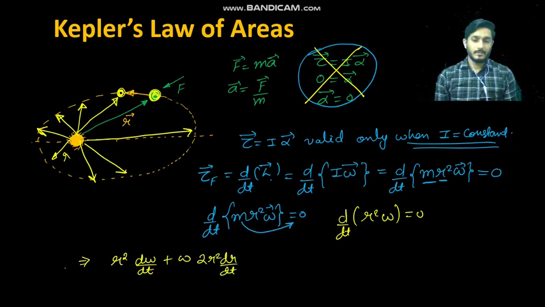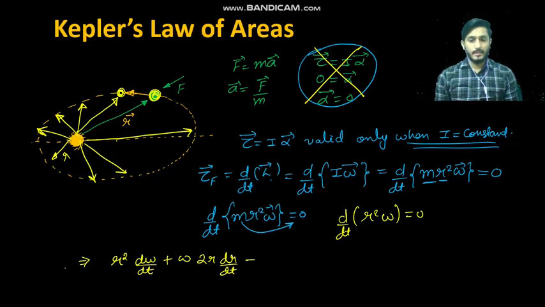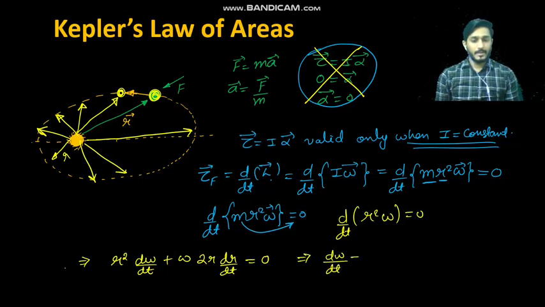It is 2r, I must say 2r dr by dt, and that must be equal to 0. Okay, here I am rewriting this equation. It becomes d omega by dt equals to minus 2 omega by r times dr by dt.